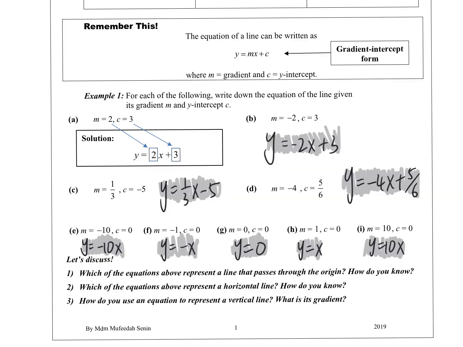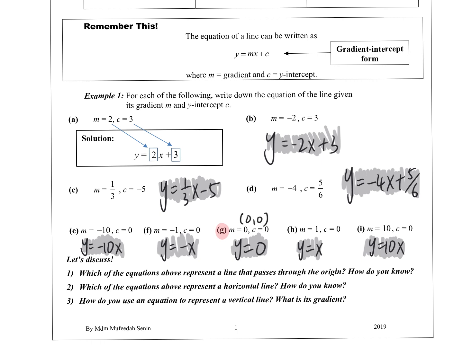Okay, so they ask you which of the above represents a line that passes through the origin. Pass through origin means what? So this is the one that passes through 0, 0.